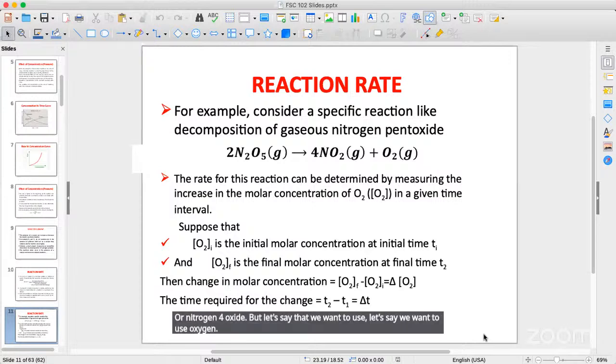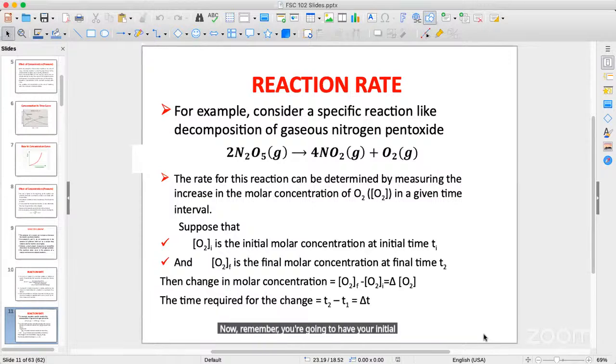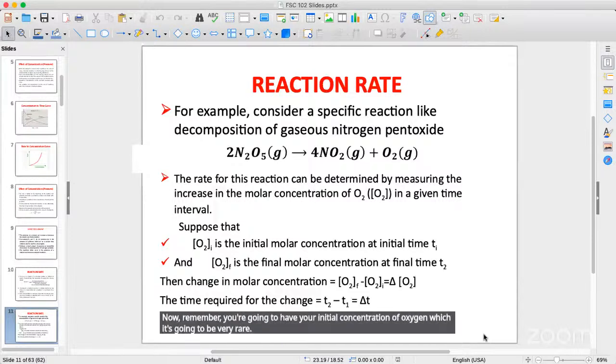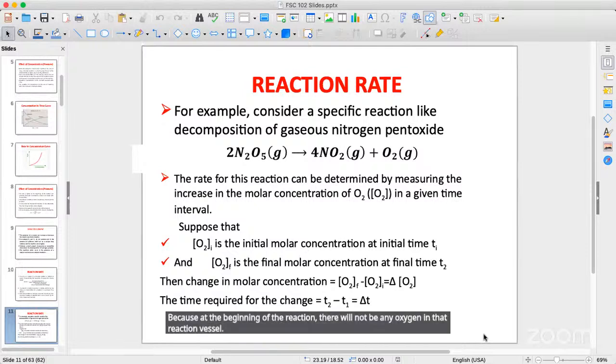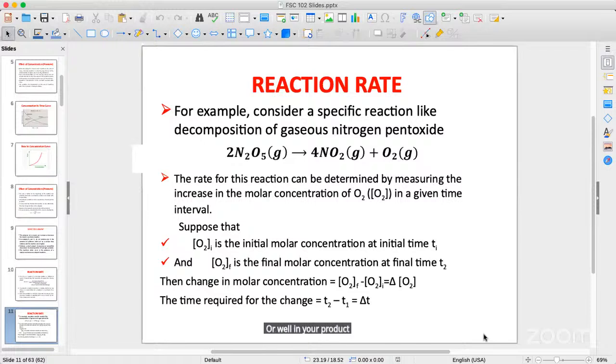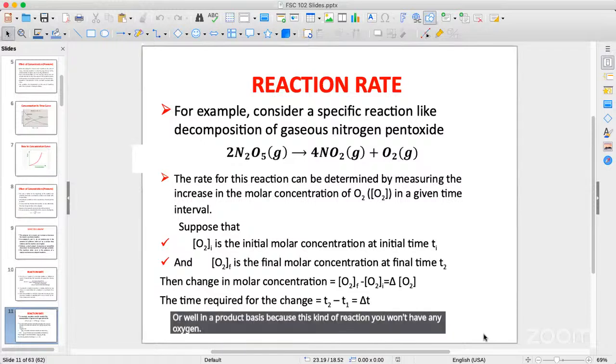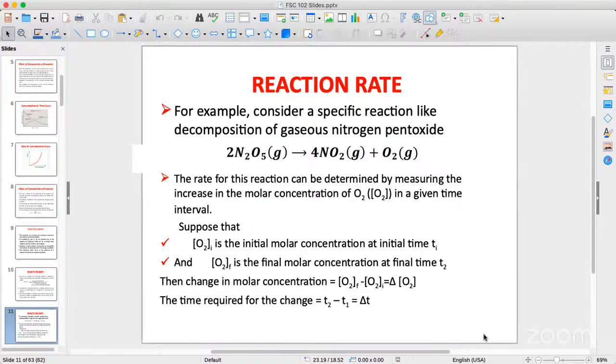Now, remember, you're going to have your initial concentration of oxygen, which is going to be 0 here, because at the beginning of the reaction, there will not be any oxygen in that reaction vessel. But at the end of the reaction, there will be oxygen.